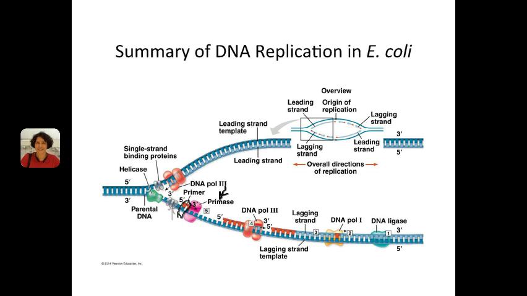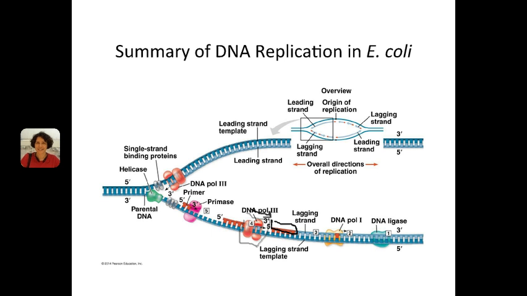Primase is moving in the 5' to 3' direction. A little bit further down, we see another primer. That one was the one that was laid down before this one. In that one, DNA polymerase 3 is adding DNA nucleotides to the primer, the blue nucleotides, and it is going to go until it reaches the previous primer that was laid down, this one.